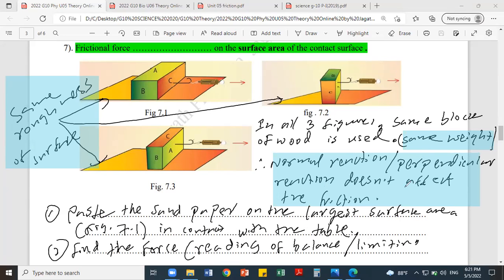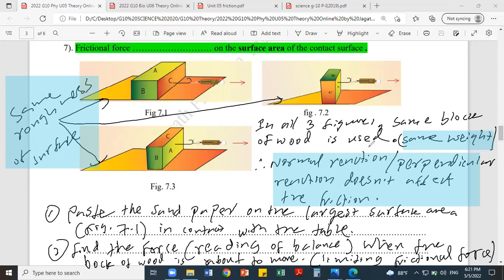Find the force, close bracket: reading of the balance when the block of wood is just about to move, or just begins to move. That is called what force? This is called limiting frictional force.